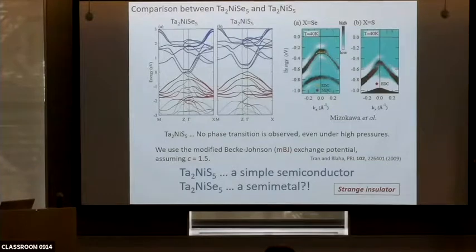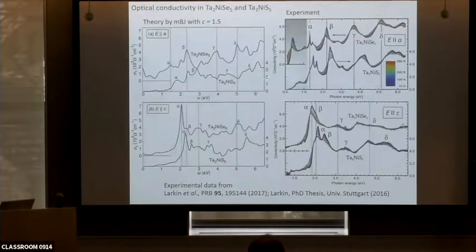But in the selenium system, with this method with a C value of 1.5, which I think is a standard value for semiconductors, we have a semi-metallic band structure. And this experiment is insulating, so this is a somewhat strange insulator. So we want to discuss the origin of this.